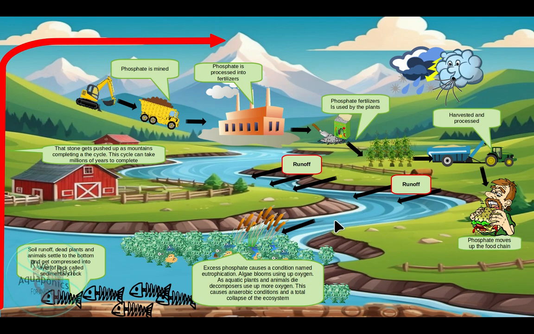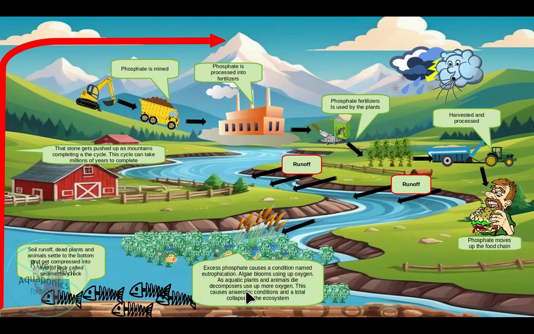We get too much phosphorus in the waterways, and we get excessive blooms of algae and aquatic plants, in a process called eutrophication. Algae blooms use up all the oxygen, and aquatic plants and animals start to die. Decomposers come in and use up even more of the oxygen, creating anaerobic conditions, sometimes causing a total collapse of the ecosystem.